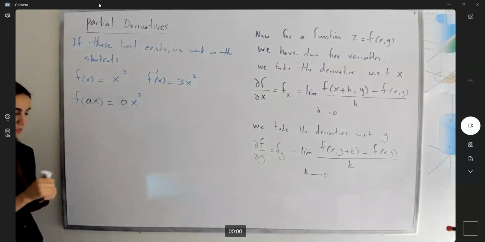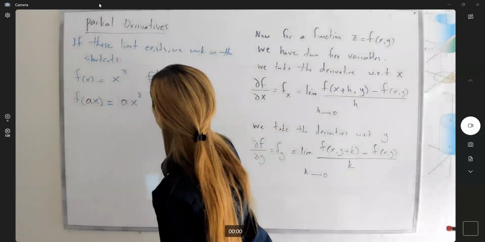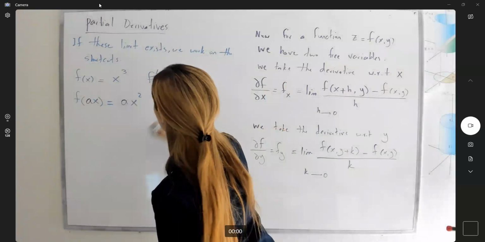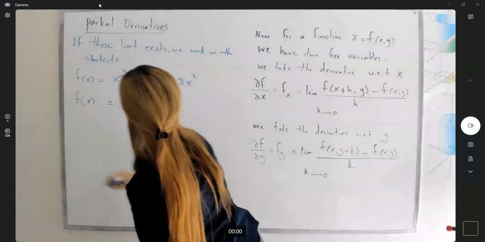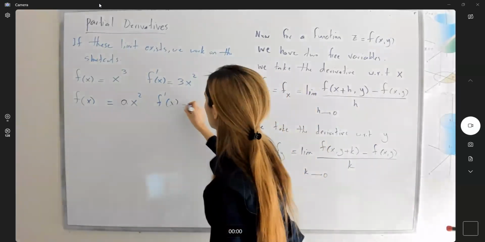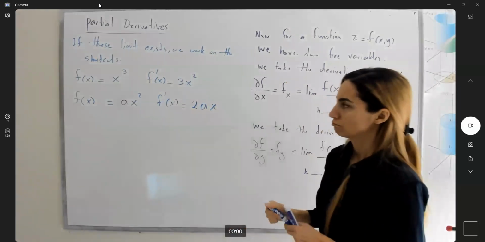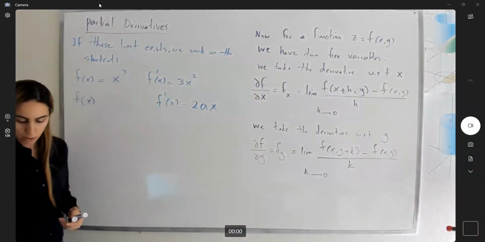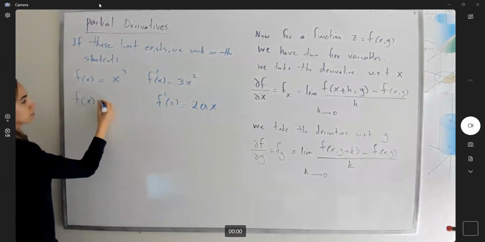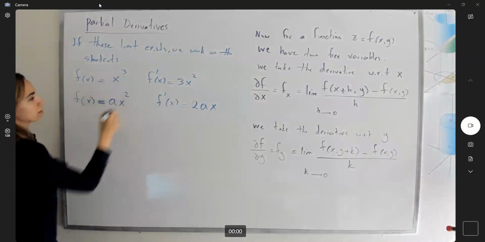What's the derivative of this function? f prime of x becomes 2ax, right? So your a as a constant has no part in taking the derivative of this function.